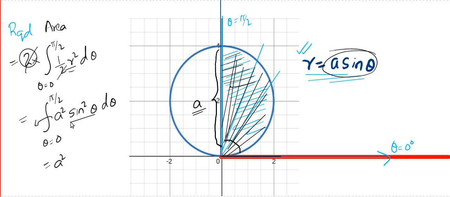I hope you remember the shortcut. It is called reduction formula. If not, watch my previous videos. So it will be like 2, 1 and pi by 2. So the answer is pi by 4 a square, which is correct because the radius is a by 2. So pi into a by 2 the whole square is the area.